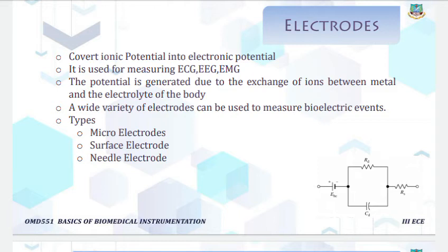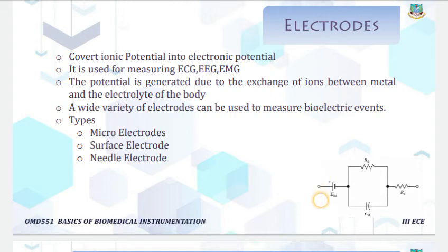For the measurement of the signal, a wide variety of electrodes are used, as you know. In the last class we learned about the types of electrodes used for the measurement of various signals. What are the main three electrodes?